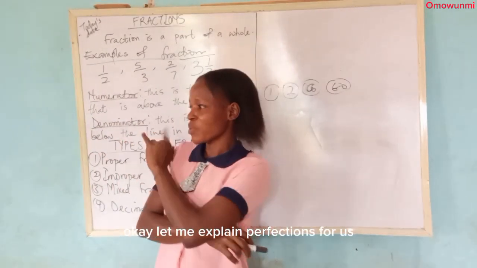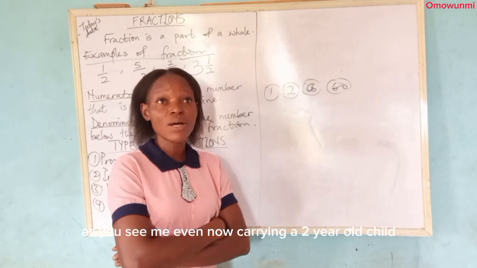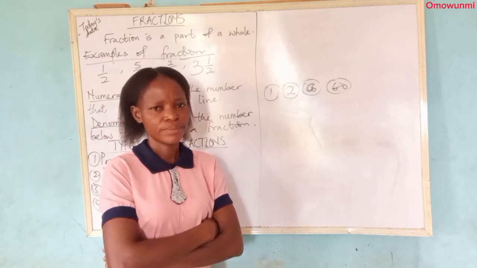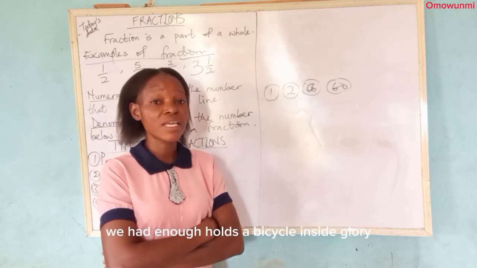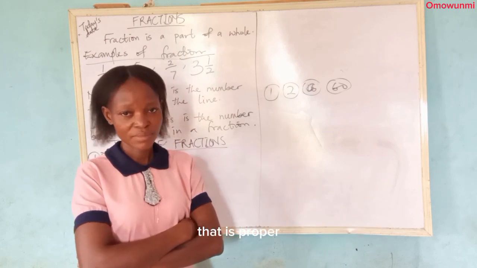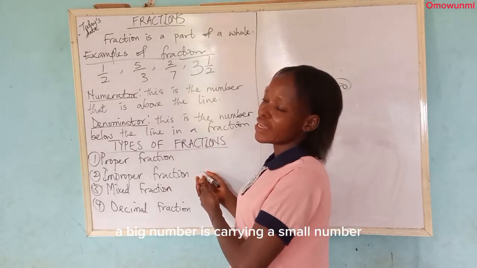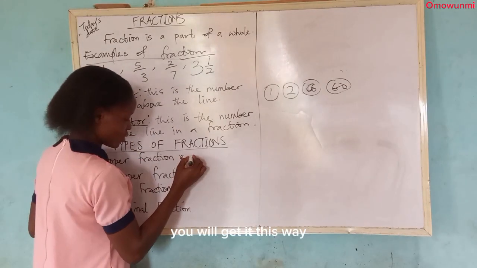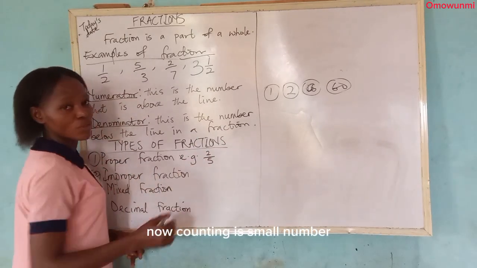Let me explain proper fractions for us. If I'm carrying a 2-year-old child, that is proper. If you see a lorry where they put a bicycle inside the lorry, that is proper. So proper fraction is where a big number is carrying a small number. This is a big number down, carrying a small number.